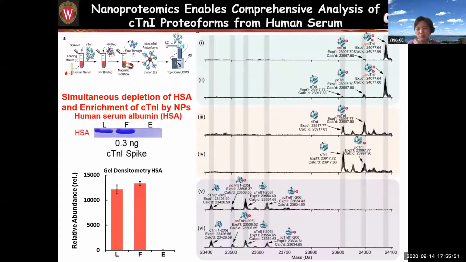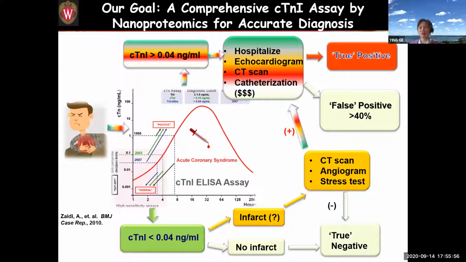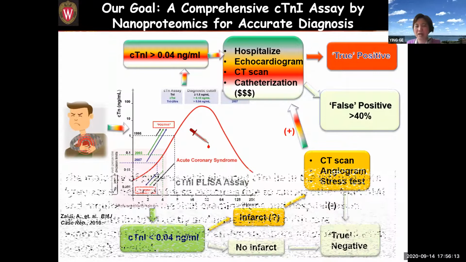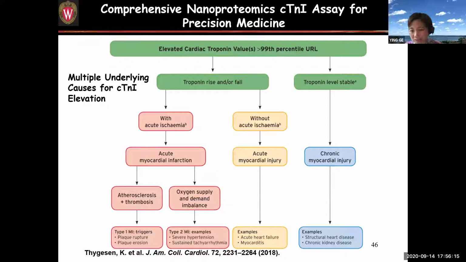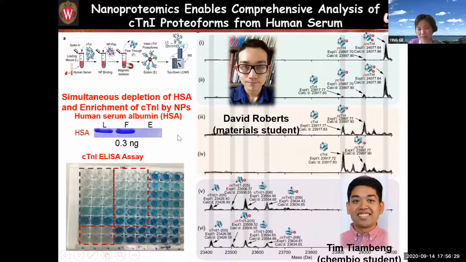Yeah, no, absolutely. So you asked the question. The troponin assay, as I mentioned, right now is a good rule-in, rule-out method for the ELISA. Just looking at the expression level changes is not enough, because a lot of patients have elevated levels and may or may not have heart disease. There is a very diverse range of causes for troponin elevation. That is not enough to diagnose based on the ELISA assay, which is very, very crude, right?